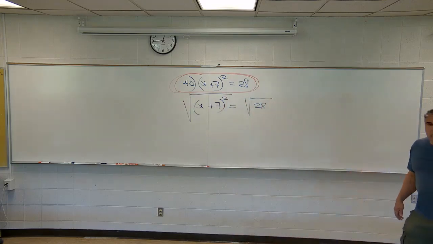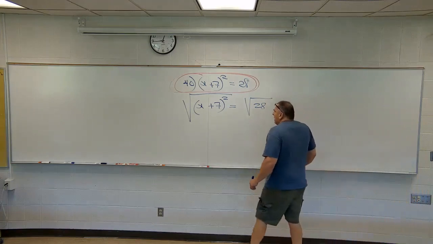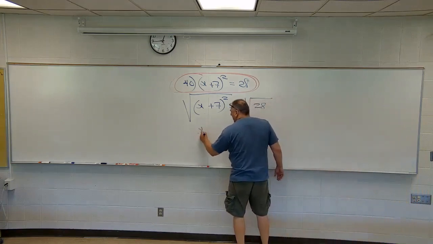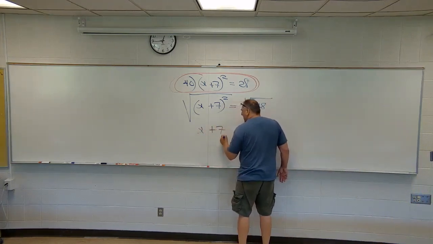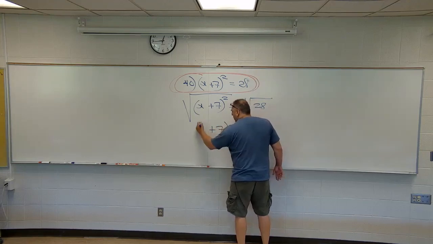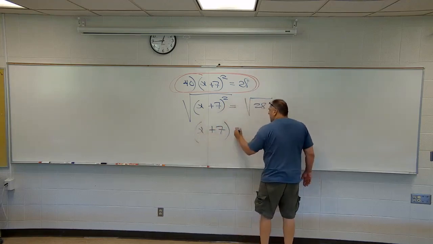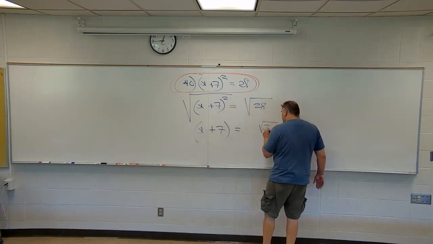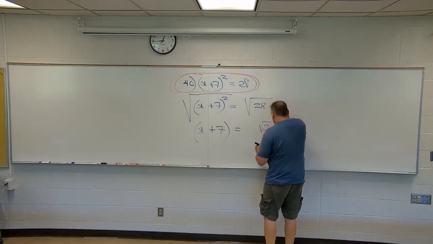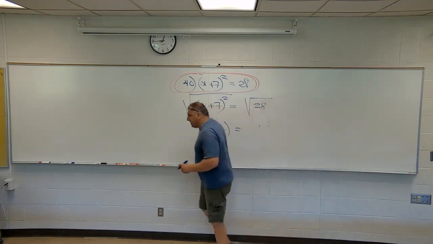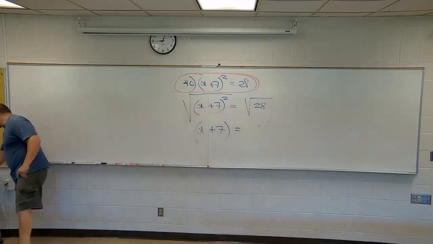Square root each side. If you square root this, you got the quantity x plus 7. And if you square root this, you got the square root of this. Now this could be positive or negative. Sorry guys, the board is still wet.